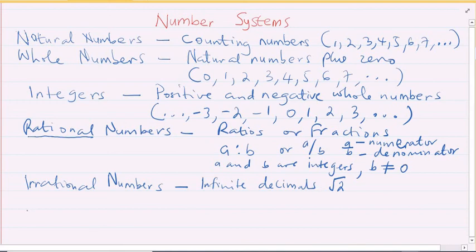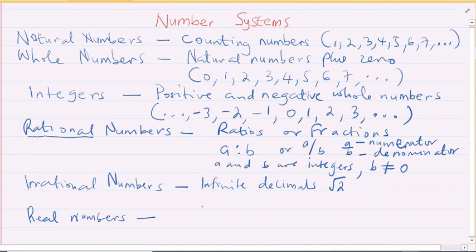Then the last one I'm going to be talking about is the real numbers. Real numbers are numbers you can use and apply in real life problems.